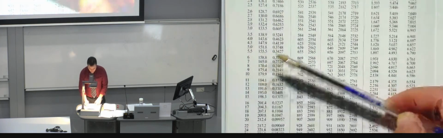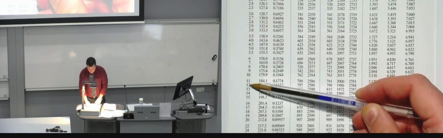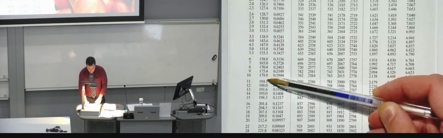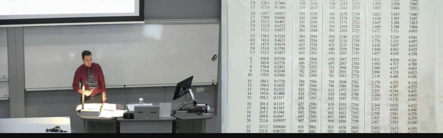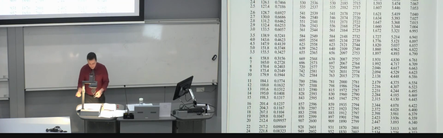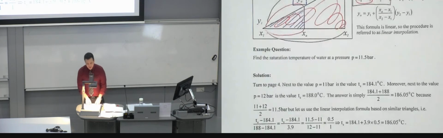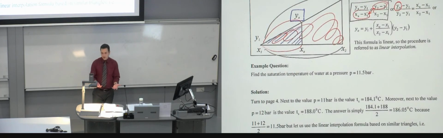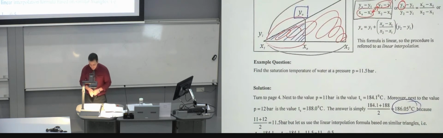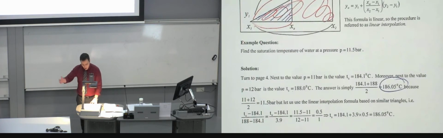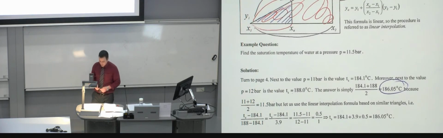So I've got 11.5, which is between 11 and 12, and I know that will be between 184.1 and 188. Right? That makes sense. And I want to do linear interpolation between the two. Now, if you're smart, you realize that this is really just the average. 11.5 is the average of 11 and 12, and I can take the average and find the temperature which I want. But I want to do this using the long similar triangle rule.